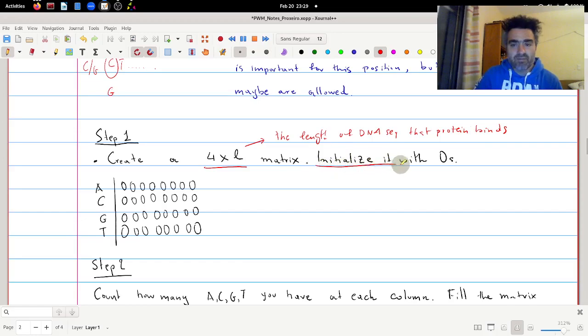And we initialize this matrix with zeros. So this is the initialization and construction step of the matrix.